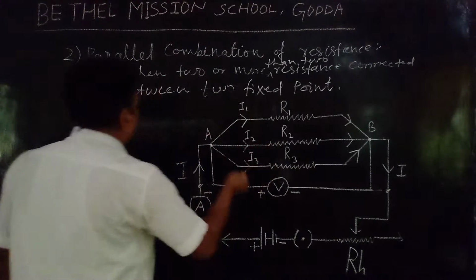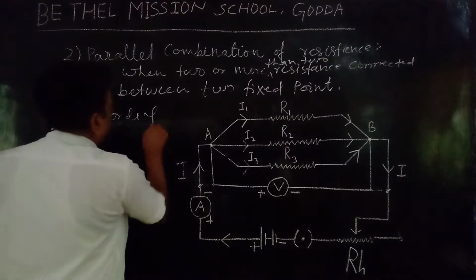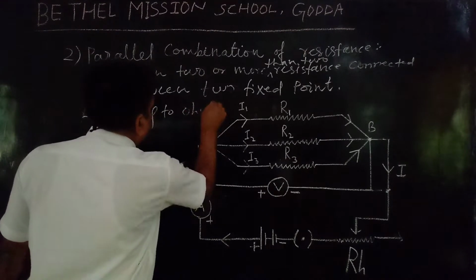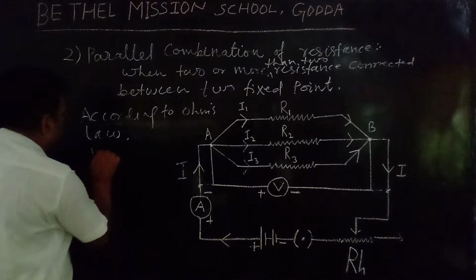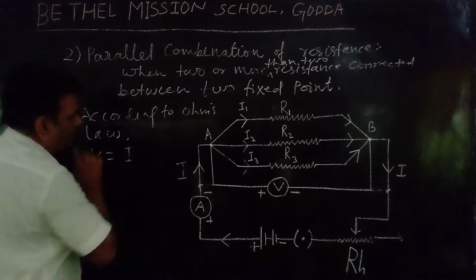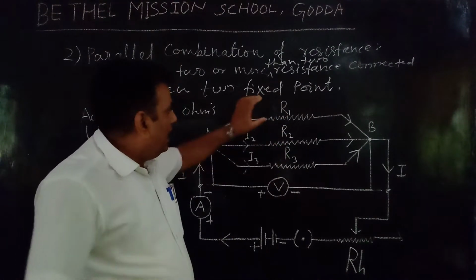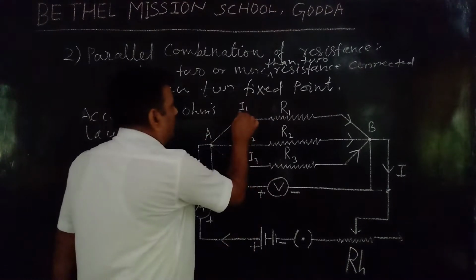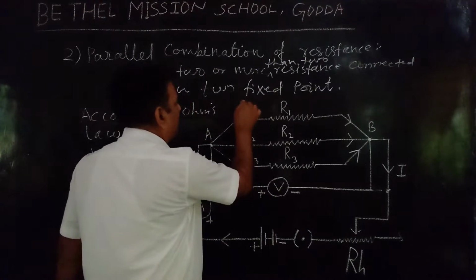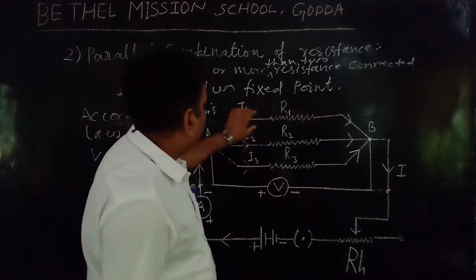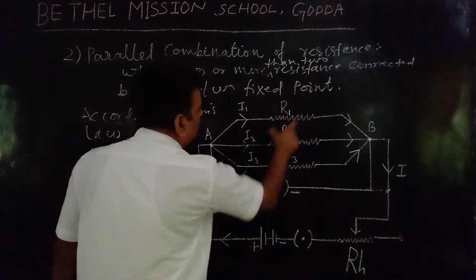Now, according to Ohm's law, we know that V equal to IR. Look here. There are three resistances, and each resistance takes current according to its capacity.